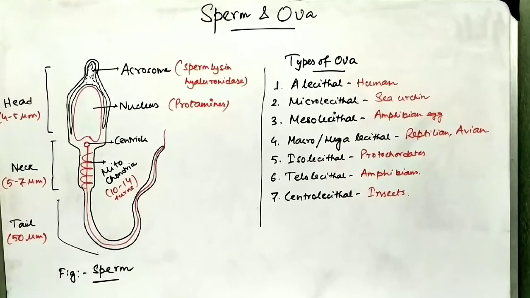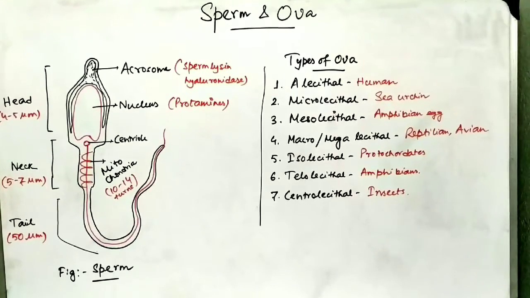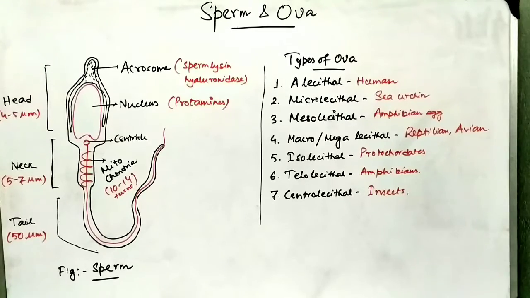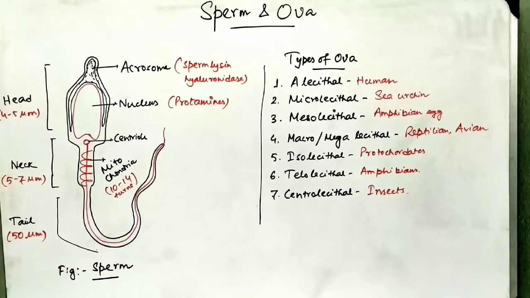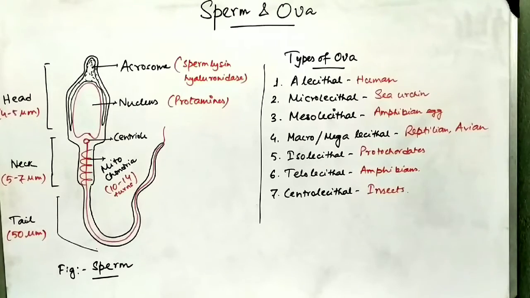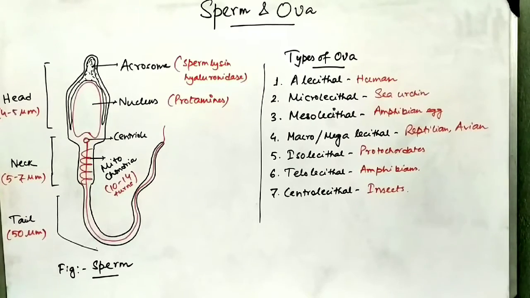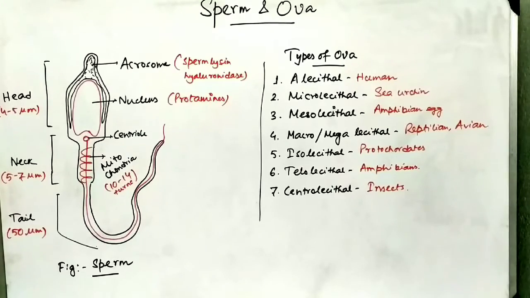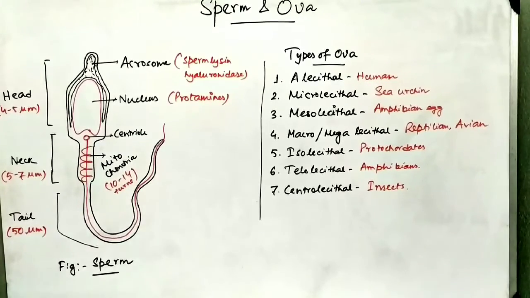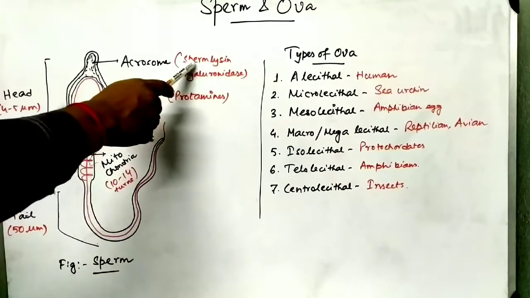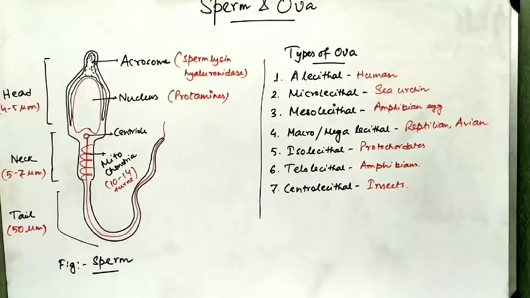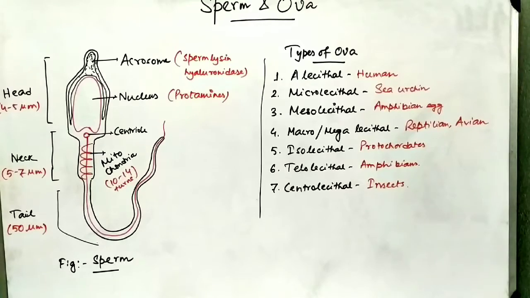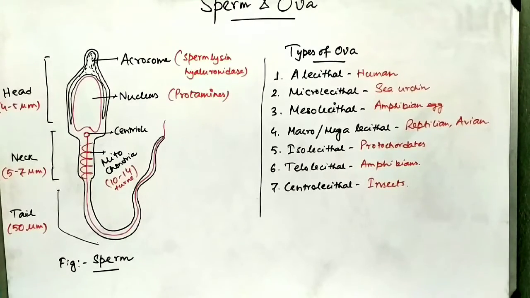This acrosome has different types of enzymes, which help to degrade the corona radiata and zona pellucida layer when fertilization occurs. These enzymes are sperm lysin and hyaluronidase, which are released from the acrosome during the acrosome reaction during fertilization.